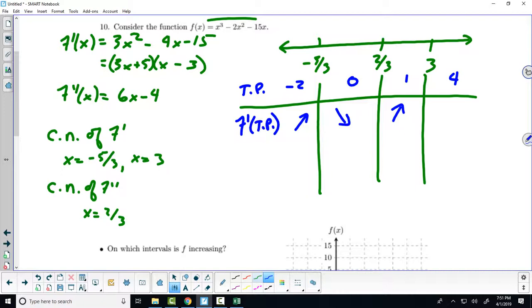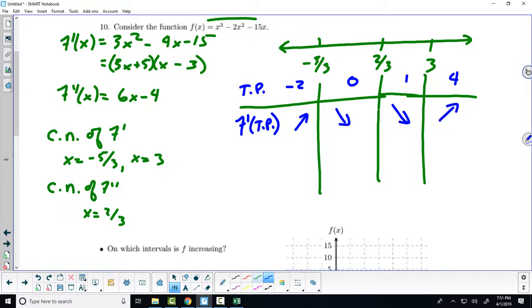Excuse me, I should actually slow down and actually do it. That's wrong. If you plug in 1 into the first derivative, this would be positive, this would be negative, so we're still negative, so that's decreasing. And if we plug in 4, we're positive, so that's increasing.